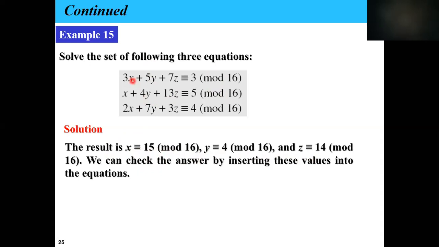In that case, dear student, we are talking about the same modulus. If the moduli are not the same, the problem will be quite complex.